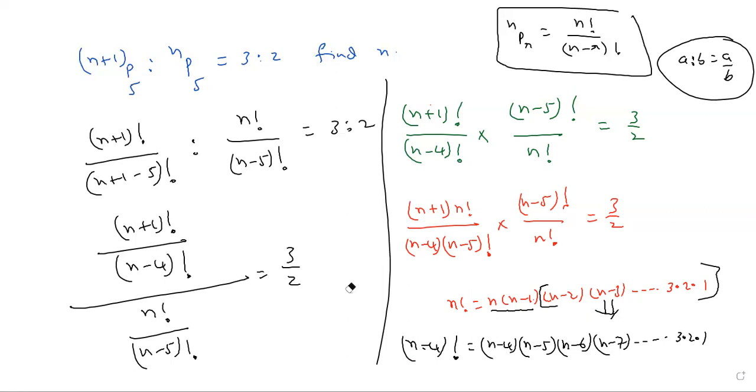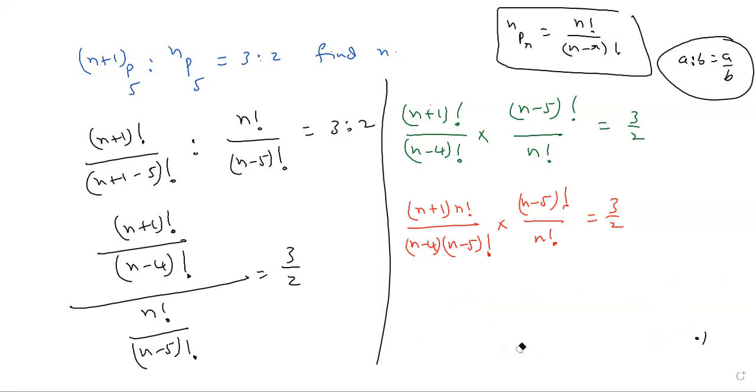Okay, n minus 5 cut and n cut and now n plus 1 by n minus 4 is equal to 3 by 2. Okay, same terms cancel happen.